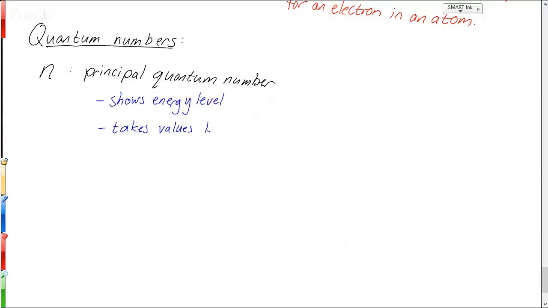It starts at 1 and goes up in integers as far as you want. There are infinite levels. So as you go up in energy, you increase your principal quantum number, and these are the different levels that the electrons can jump through. So that's one of the parameters in this wave function equation.